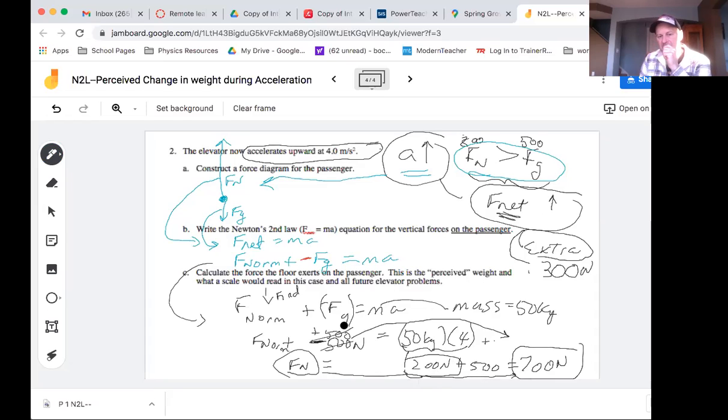So your everyday body weight was 500 and the floor makes you accelerate, so it has to push harder than 500. That's the extra 200 that causes the acceleration. So the total force from the floor is 700 newtons. That supports your weight plus does a little extra to get you accelerating. Are there any questions on that?